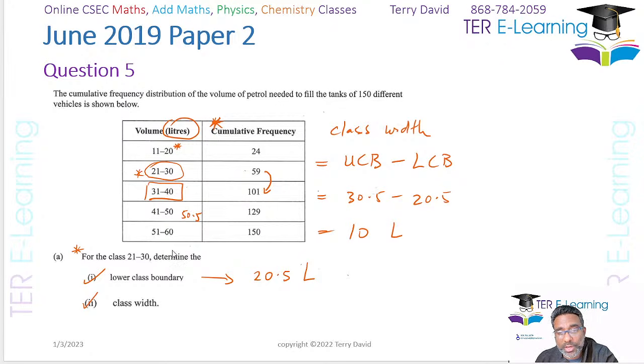They want you to work out the probability that the vehicle selected at random uses more than 50.5. Up to this point we have a cumulative frequency of 129. The more than is going to be this interval here. So we're looking to see what happens to the frequency when we jump from 129 to 150. We need to work out the actual frequency in that interval, so we take 150 and subtract 129.